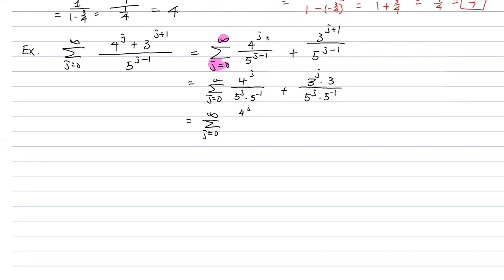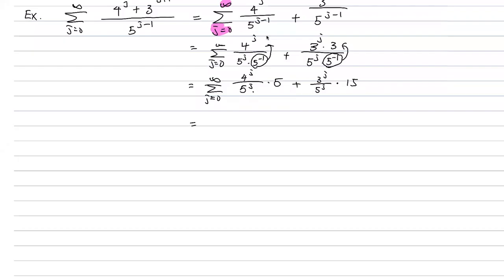It'll be 4 to the j over 5 to the j, times 5 to the negative 1. If you bring it to the top, that should be times 5. For this one, 5 to the negative 1, same thing, I bring it to the top. Then that becomes 3 to the j over 5 to the j times 15.